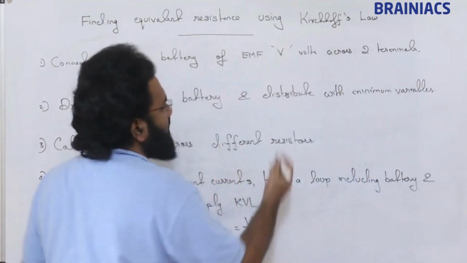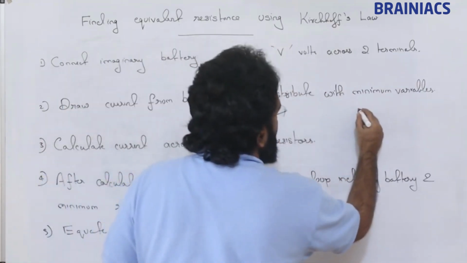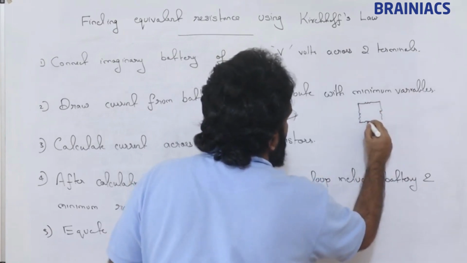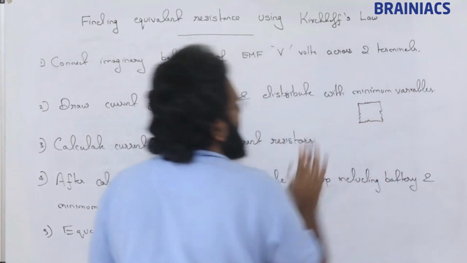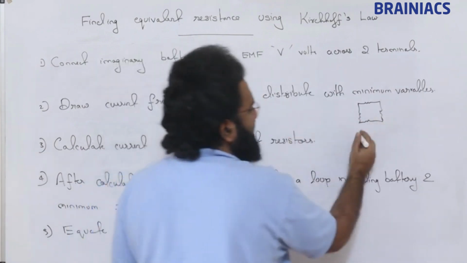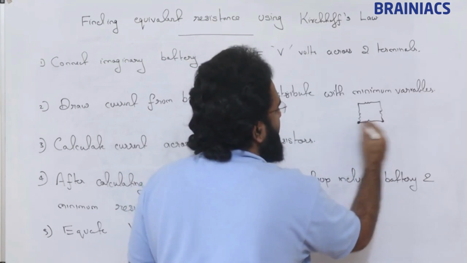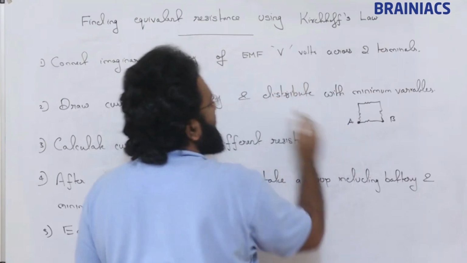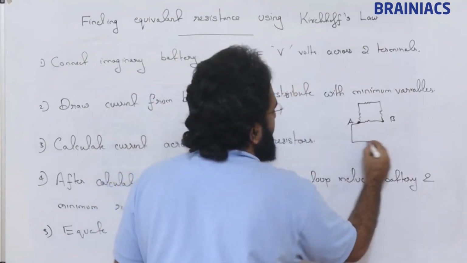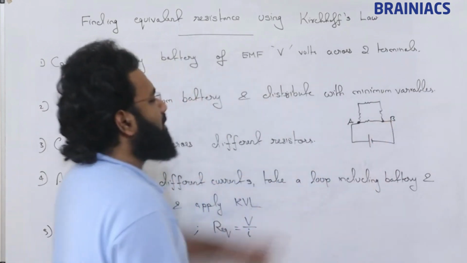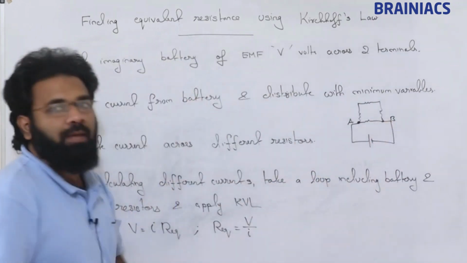Suppose we need to find a resistance, something like this. This one we can find easily, but I am taking this as an example. So across A and B, if we need to find the resistance, according to this method, what we need to do is connect a battery across the two terminals where we need to find AB.